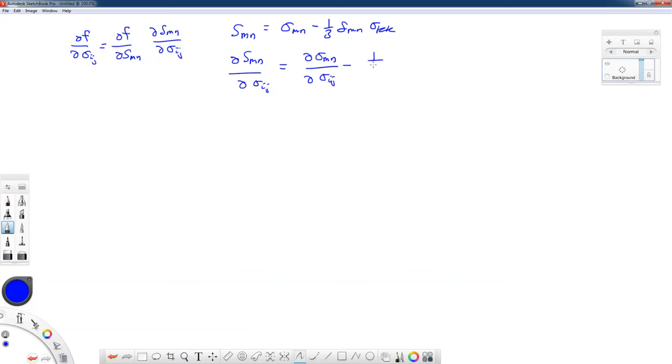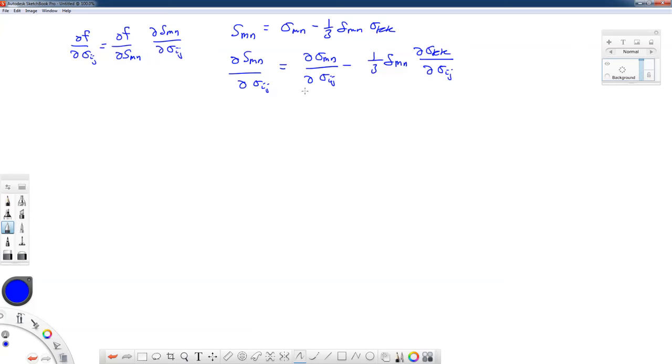And then we have minus 1/3 Kronecker delta mn, and then we have partial derivative of sigma kk. Now, remember, that's the trace of the stress tensor. It's the summation notation that we're using, so it's sigma 1,1 plus 2,2 plus 3,3 with respect to sigma ij.